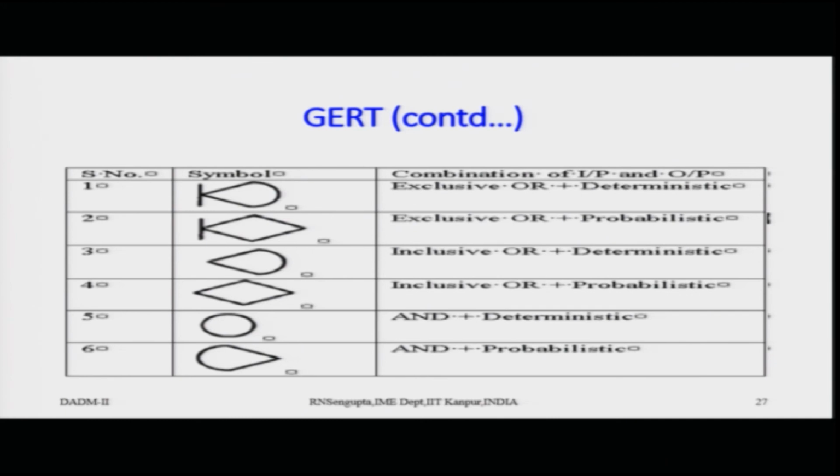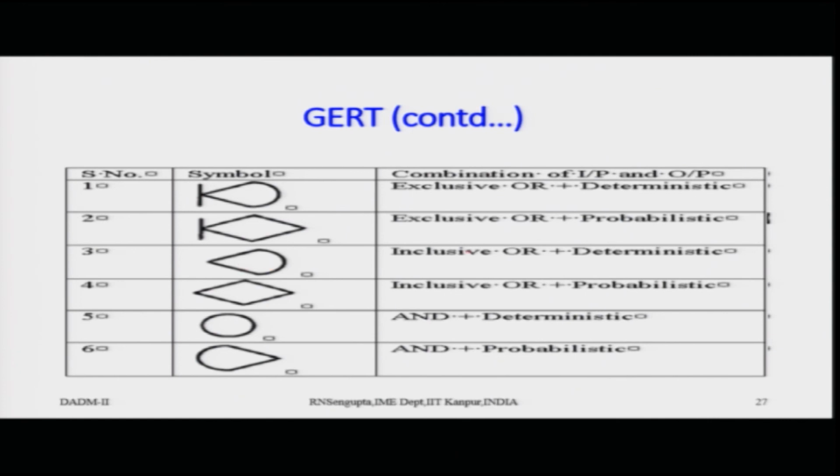In the first case, if it is an exclusive OR and deterministic, you have the symbol like a parachute put on a horizontal plane. For the exclusive OR probabilistic one, you have the diamond shape.